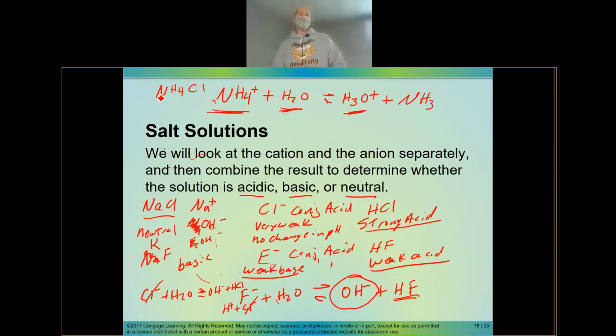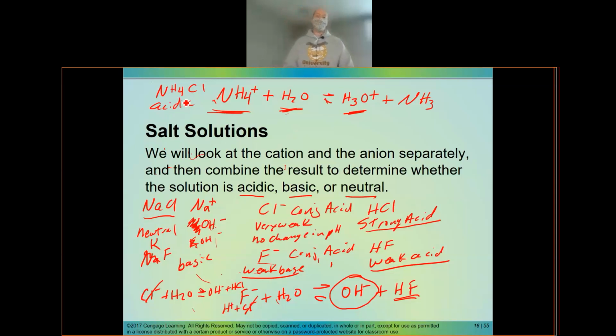And so your compound ammonium chloride, if you throw that in water, again, the Cl is just going to cancel out and it's just water. That has zero effect on the pH. But your NH4 plus will donate a proton to the water to give you H3O plus, which means that this is going to be acidic.